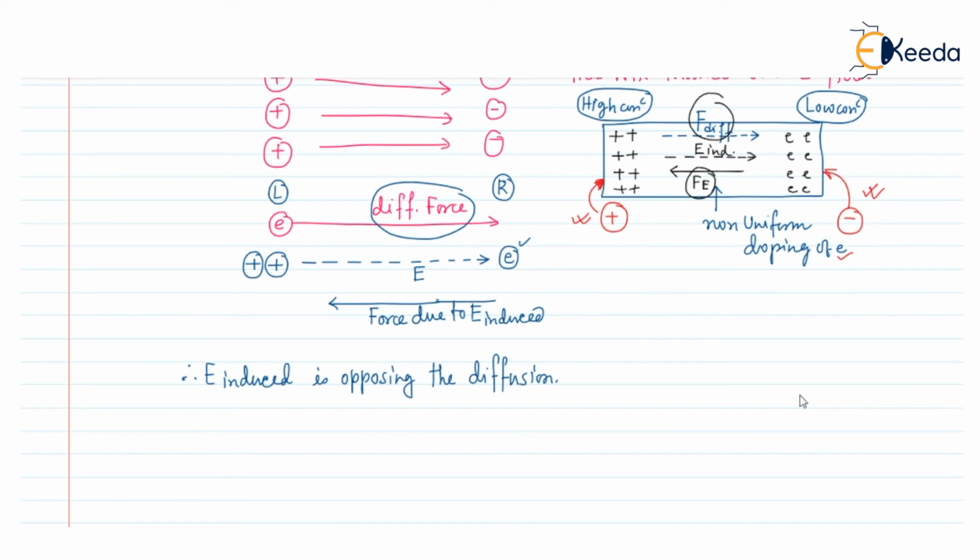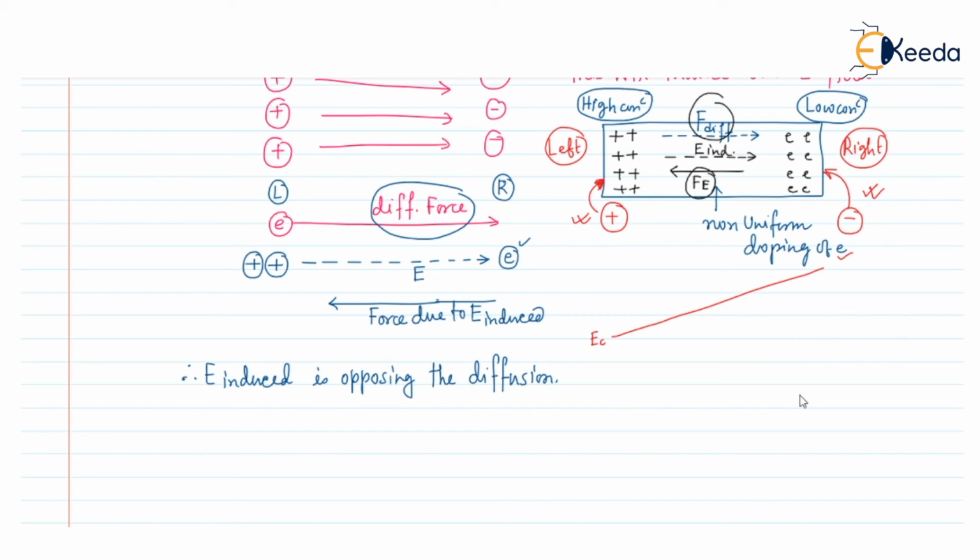First we have to draw the conduction band, and the conduction band will look like this. This is the conduction band EC, and you can see it is in the tilted mode. If it is the left side and it is the right side, then we can see that one side is negatively charged, with negative polarity.